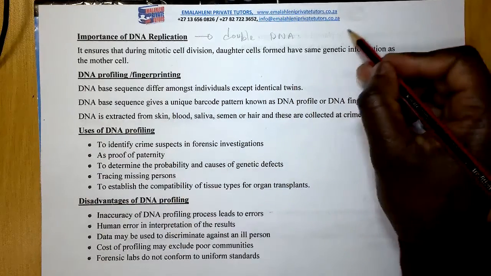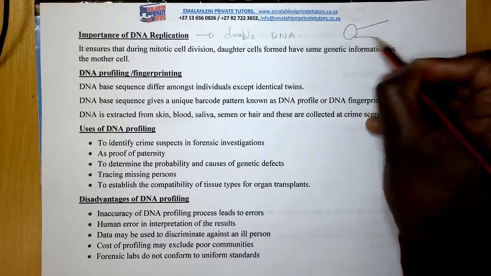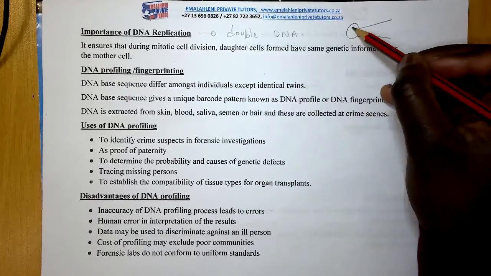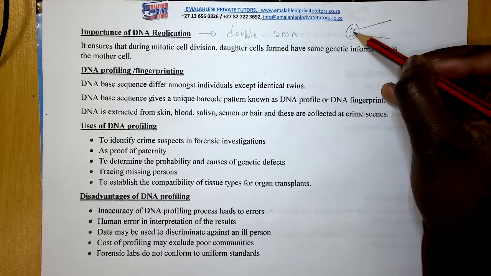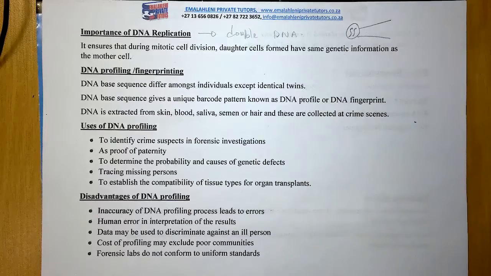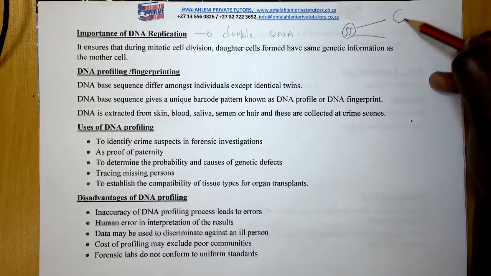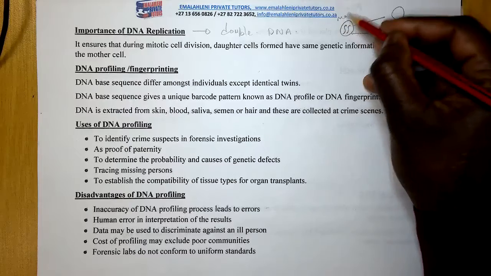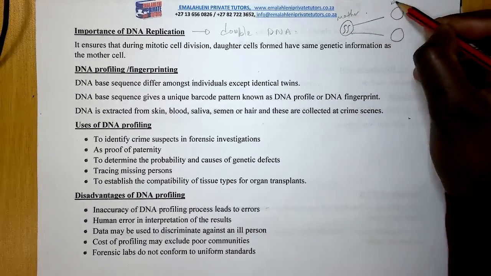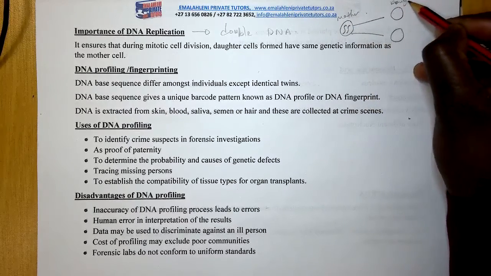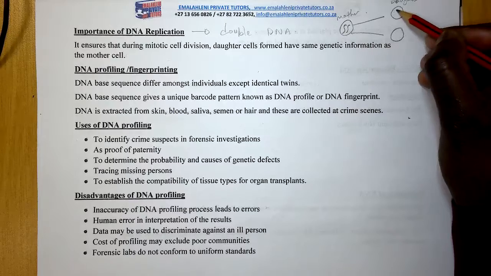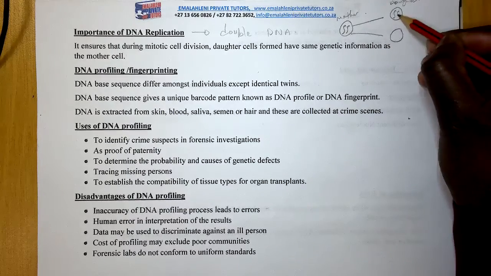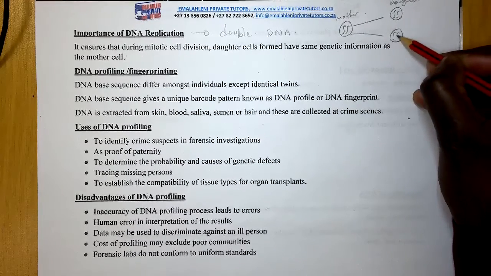So when you have the mother cell here, it is split into two. So when it's split into two, let's say this is our available DNA here. After splitting, each cell here, these are what we call daughter cells. This is the mother. These are the daughter cells. So these daughter cells must have the same DNA as the mother.